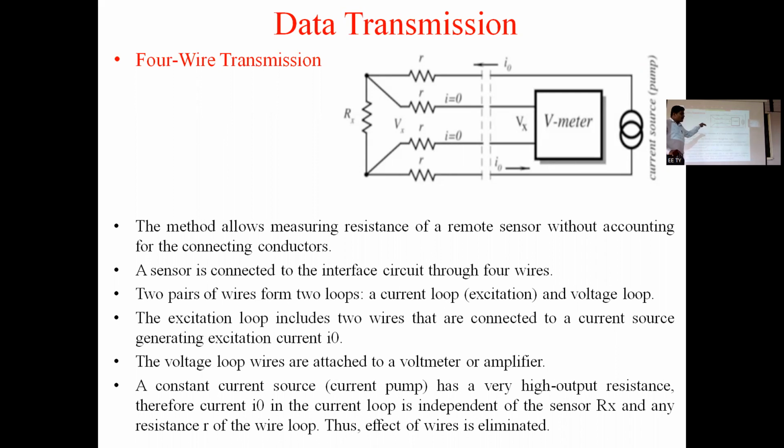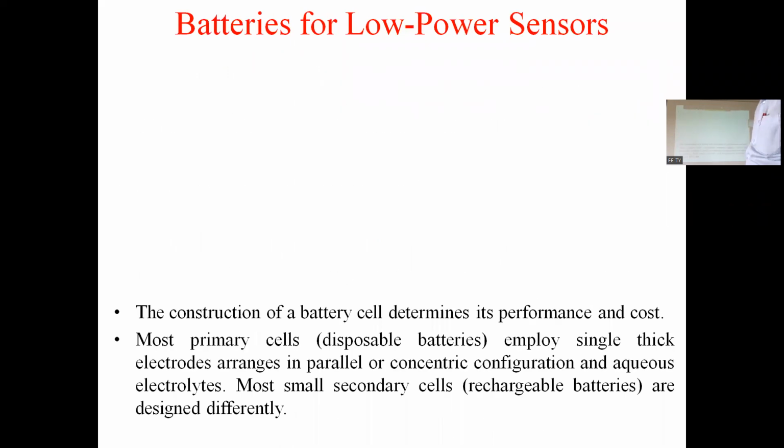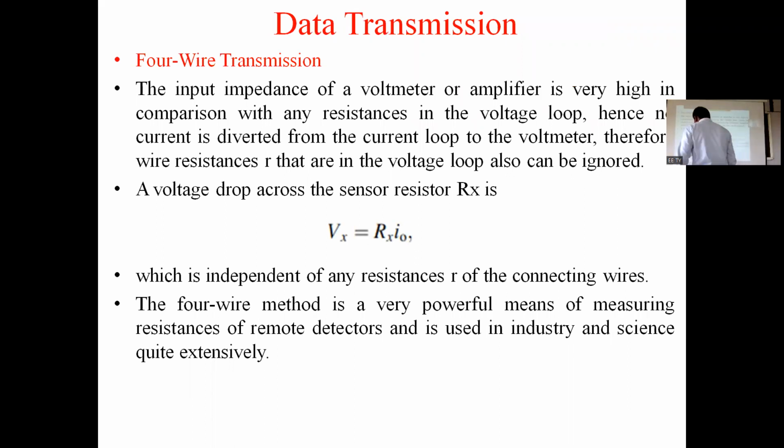So this is the current loop. In that current loop there is a current generating sensor. Now this current generating sensor has a high internal impedance or resistance.